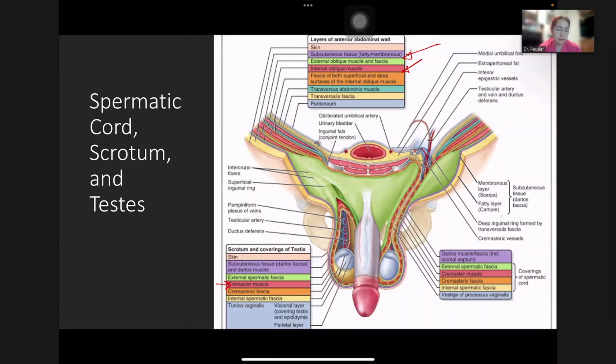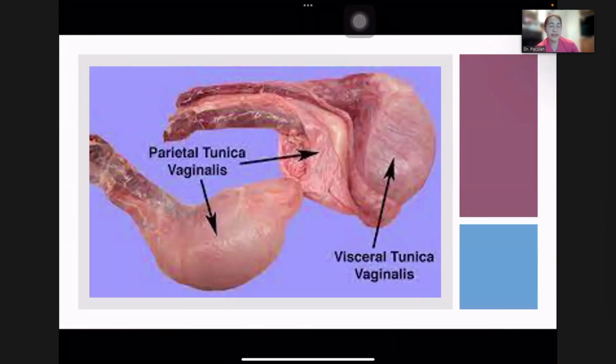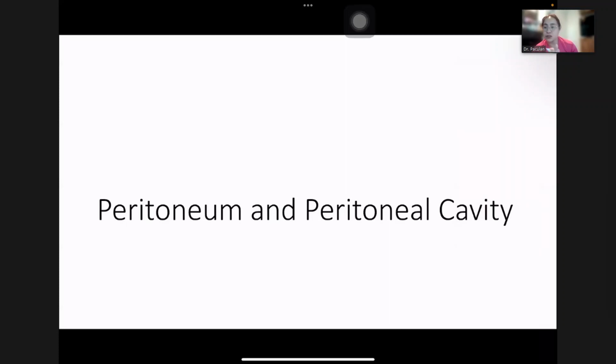Correct, your peritoneum. With that, let's go to the peritoneum. That's how we use this chart, and if you have any more questions, you can write them down on the board that we have in Canvas.